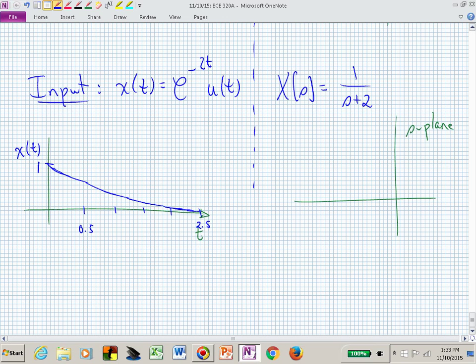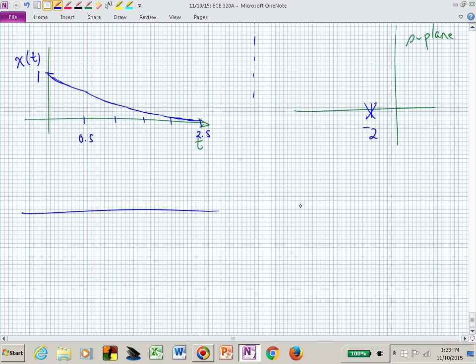That's now 1 over S plus 2, so that now you have a pole due to your input at minus 2. If you now are applying that input to this low-pass filter to create the output, now what do we have?